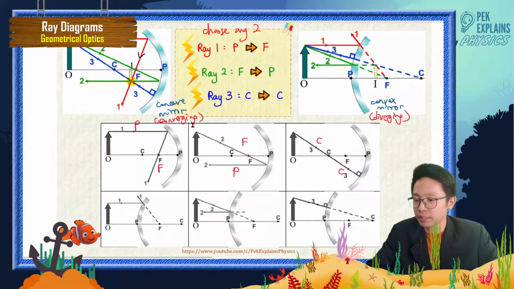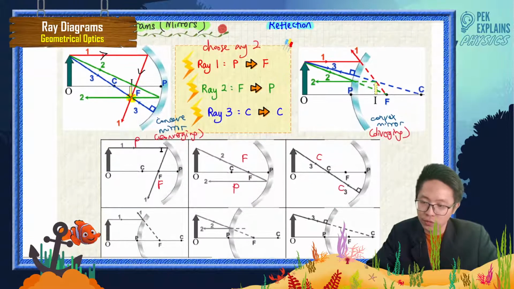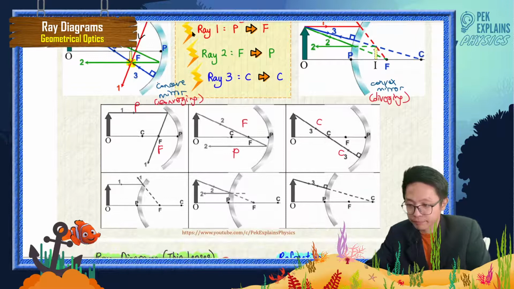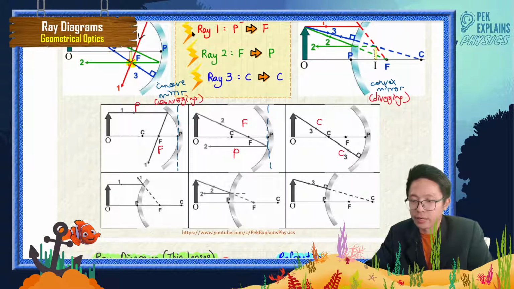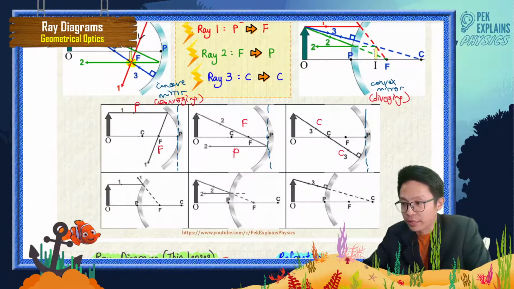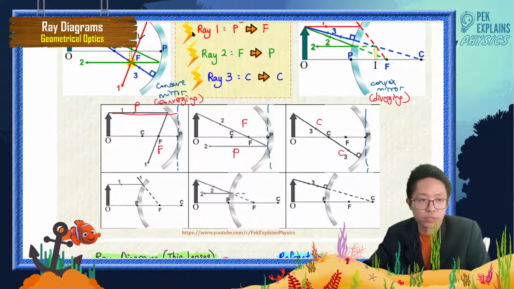Same thing as this one. Don't follow this one, because your sphere is not as perfect as them. I want you all to draw the straight line to represent the mirror. That means your ray, please draw to the straight line and then reflect.